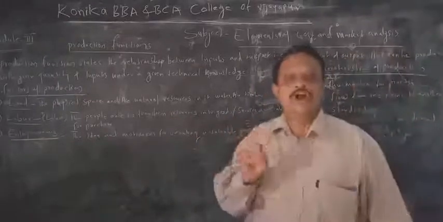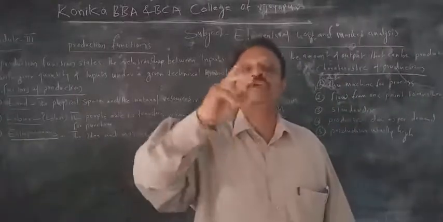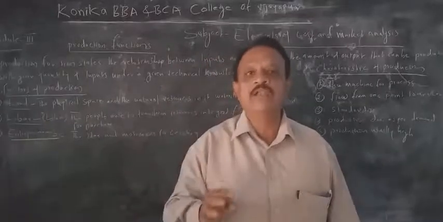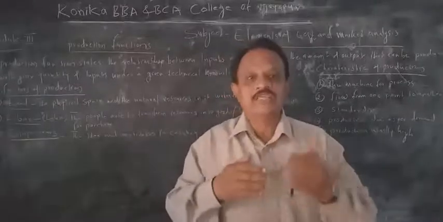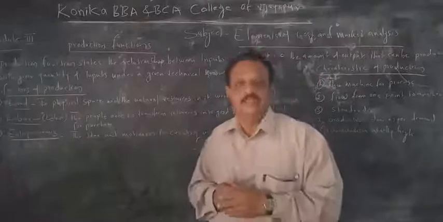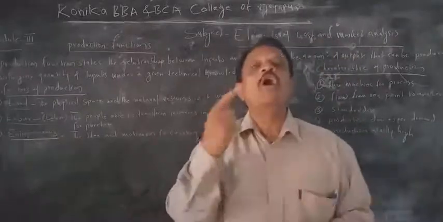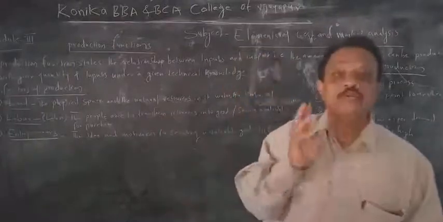Without the human resources, without the labor, you can't transform your resources into goods and services. They are the main important people. The conversion of input into output is done by the people only. That is why it is most important.